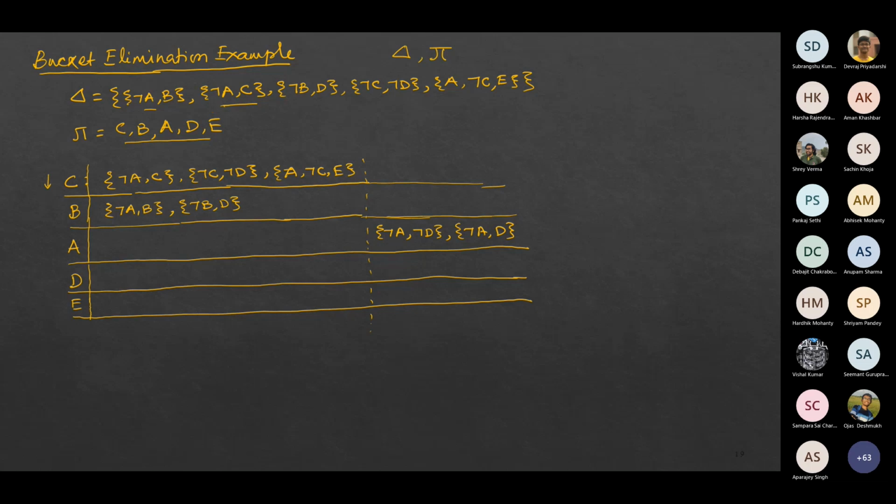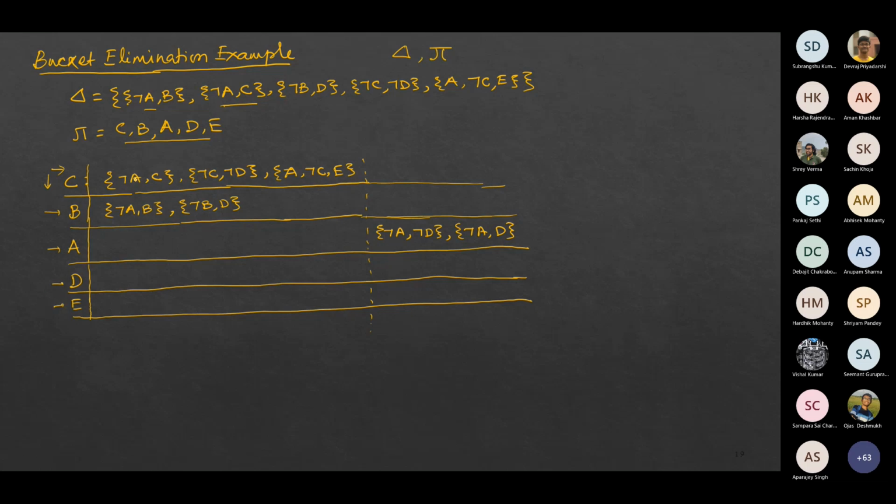So here we are respecting the variable ordering that we have started with. And after we have done that, then we'll be applying resolution to individual buckets, and we'll be applying C resolution here, B resolution here, A resolution here, D resolution, and E resolution.